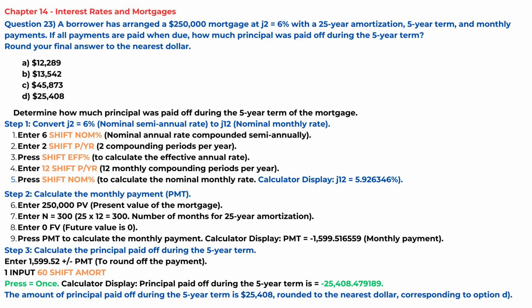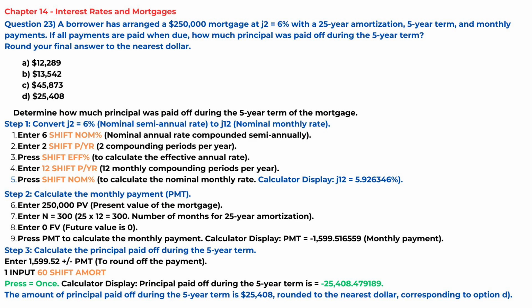Enter 12, shift PYR, 12 monthly compounding periods per year. Press shift NOM to calculate the nominal monthly rate. Calculator display, J12 equals 5.926346%.